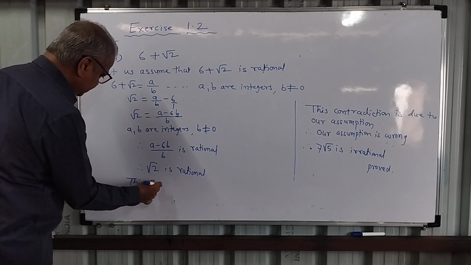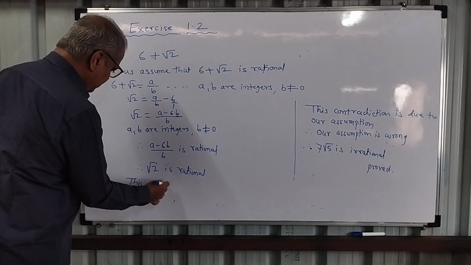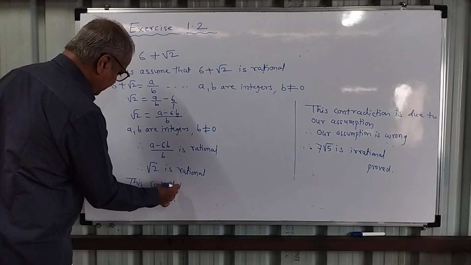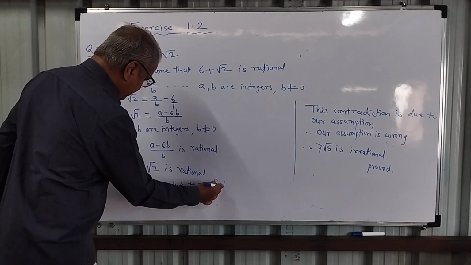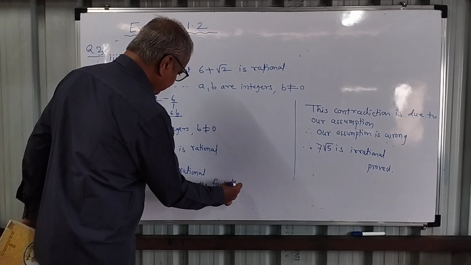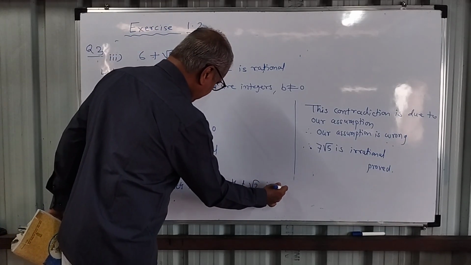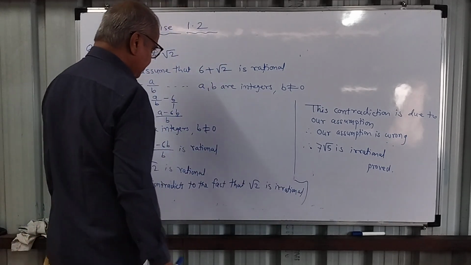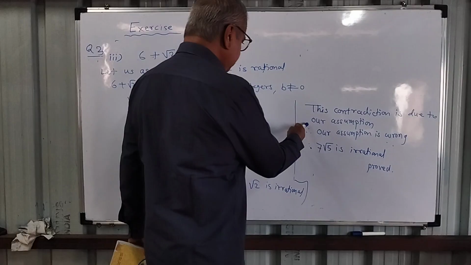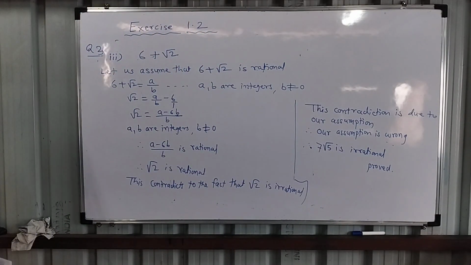This contradicts the fact that root 2 is irrational. And the next statement is the same. This contradiction is due to our assumption. Therefore, our assumption is wrong. Therefore, 6 plus root 2 is irrational, proved.